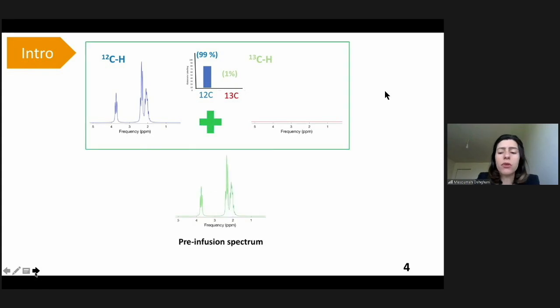The MR signal we detect is the sum of these two signals from protons attached to carbon-12 and carbon-13. However, you can see this MR signal is pretty similar to the signal from protons attached to carbon-12.